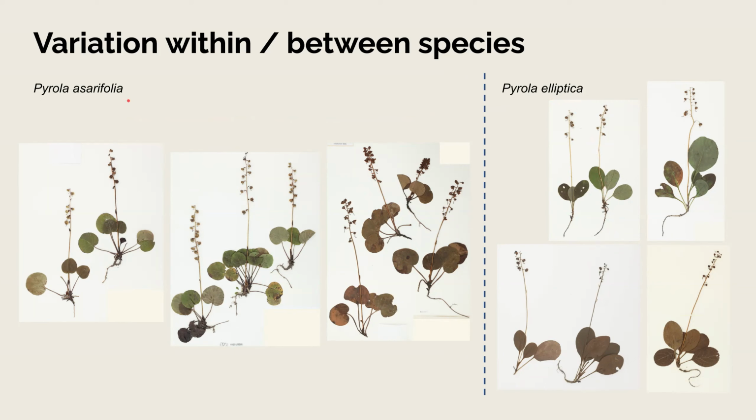Asarifolia: folia means leaves, and asara refers to the wild ginger plant. So leaves that are kind of like wild ginger, and in that respect, they're more lobed at the base. Just the presence of those lobes would be helpful maybe for identifying this species as different from the other, and then the overall shape.